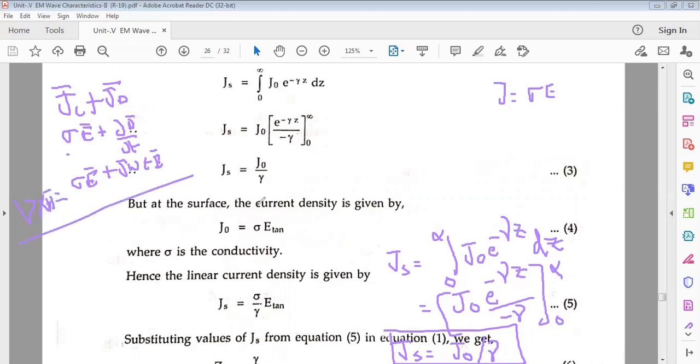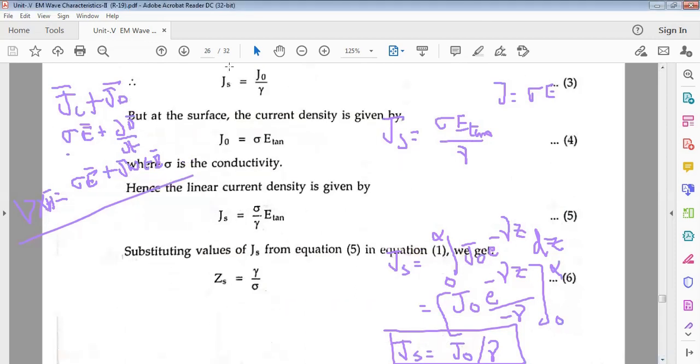Got it? But at the surface, the current density is given by J naught is equal to sigma into E tan. Then what is the Js now? The J naught, you can take it as sigma into E tan by gamma. Substitute the Js in the surface impedance definition. What is the surface impedance definition here?